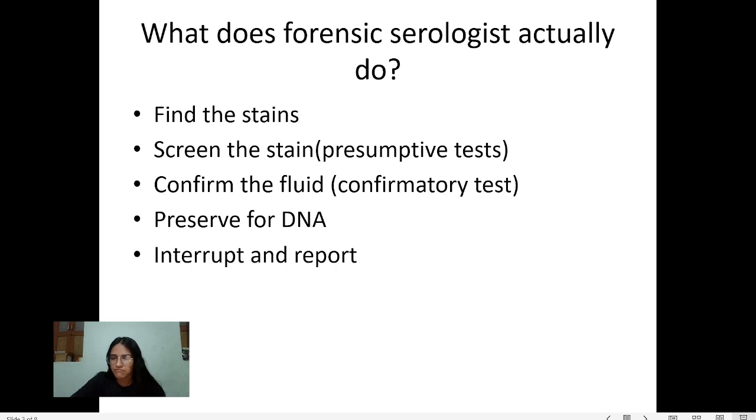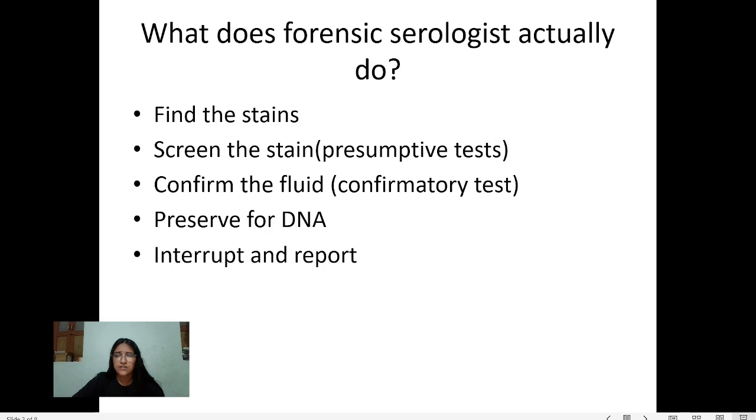Now, forensic serologists can also interpret and report the findings. They can combine the lab results with the case context. For example, when the stain was found and where the stain was found. They can find out how it might have gotten there, like how the particular body fluid came to the crime scene.